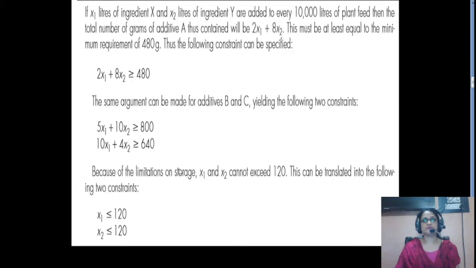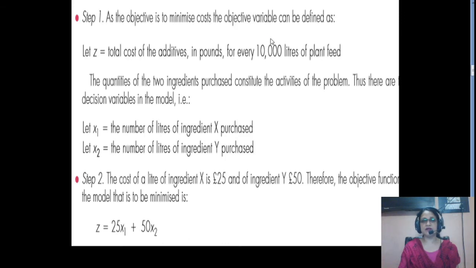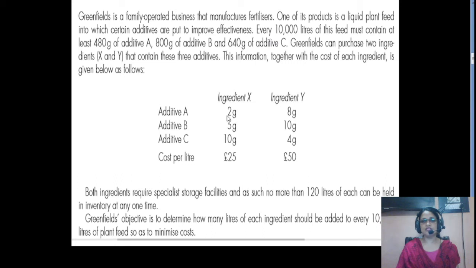Now, if x1 liters of X and x2 liters of Y are added to every 10,000 liters of plant feed, then the total number of grams of additive A contained will be 2x1 plus 8x2. This is given here in the question, and it should be added to every 10,000 liters.